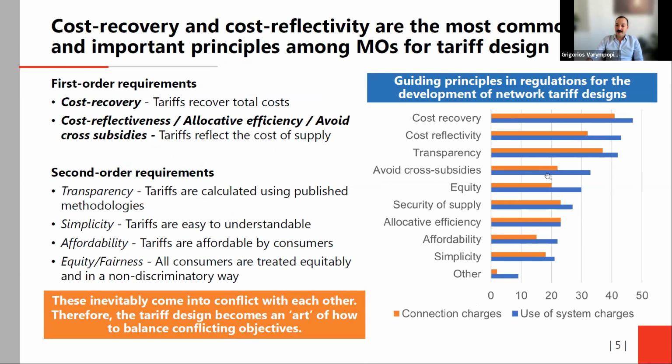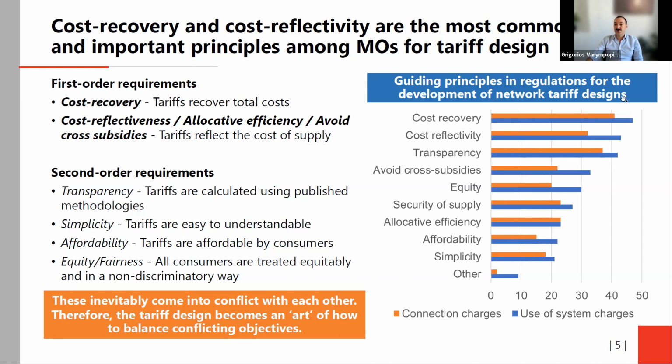So again, here at the right-hand side, we see a figure with the principles that were applied by member organizations. And it shows the frequency for those principles in the regulations in each country. The orange bars are connection charging principles, and the blue bars are use of system charges.